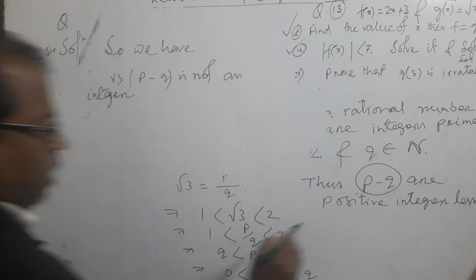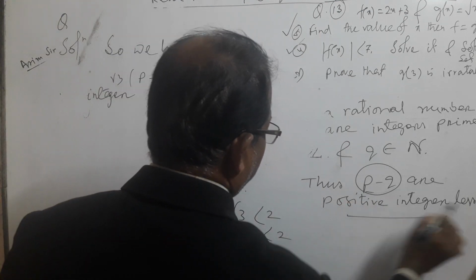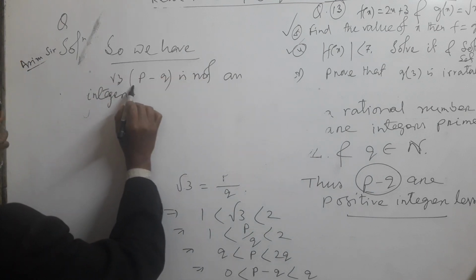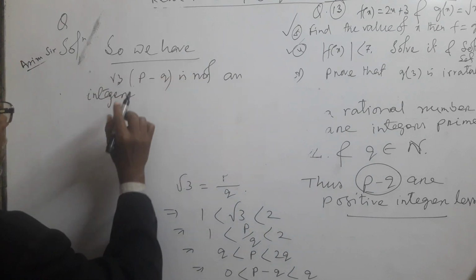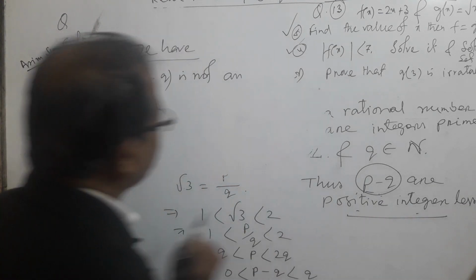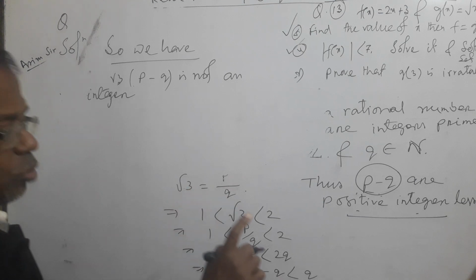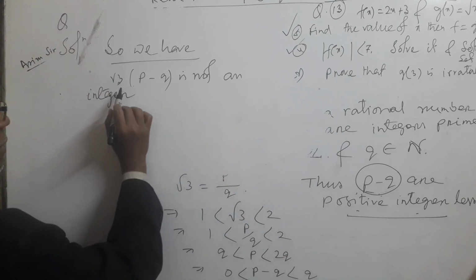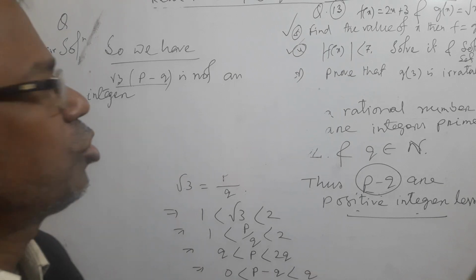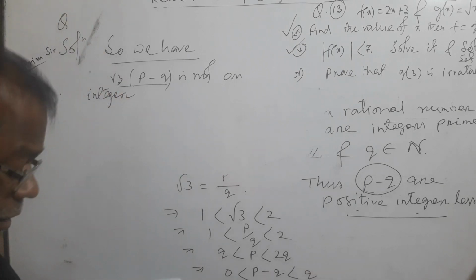Since p minus q is a positive integer less than q, so we have root 3 into p minus q is not an integer. If they are positive integers smaller than q, but they are not integers, then they are not whole numbers. Clear?